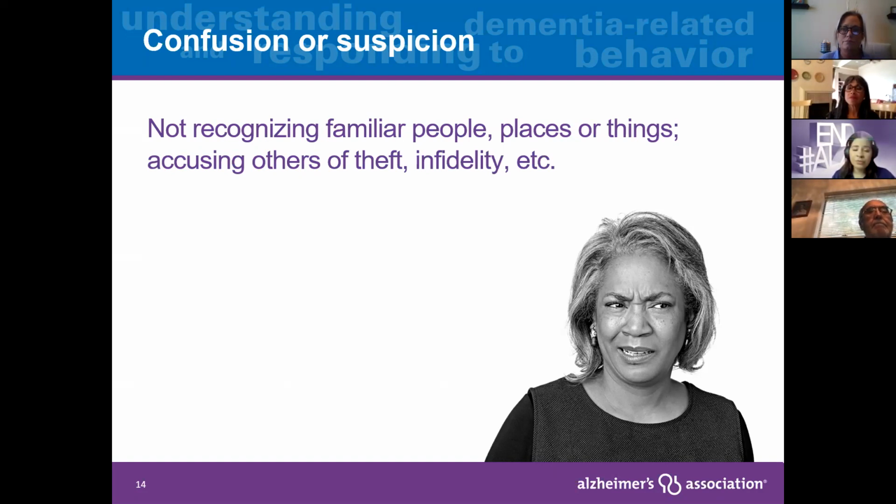It's just that someone with dementia is not able to realize the context in which it's happening. So these are all normal things that happen with someone that has dementia, if you understand where they're coming from.